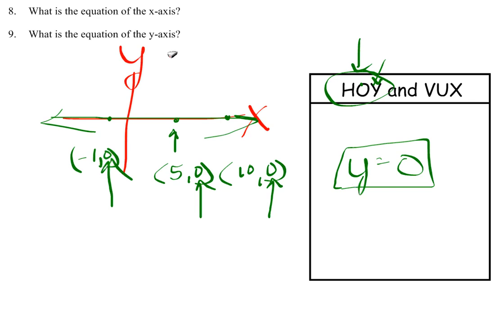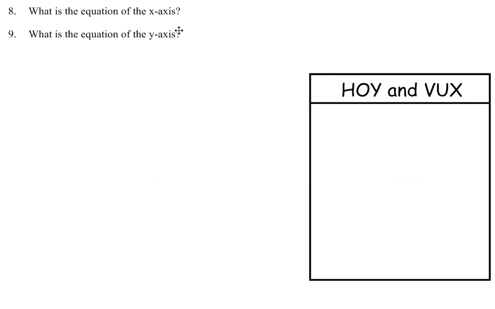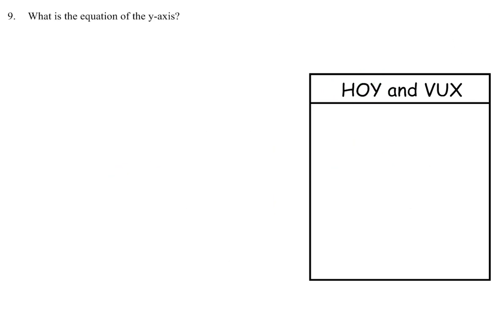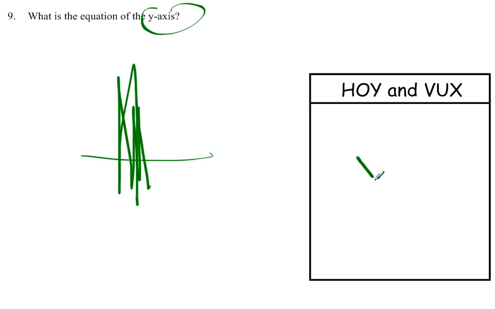And the other one, for the same reason, is just the opposite direction. Okay, did I say x-axis? Y-axis. The y-axis is vertical. So x equals a number for the equation of the line. What's the number? Because it passes through 0 every time.